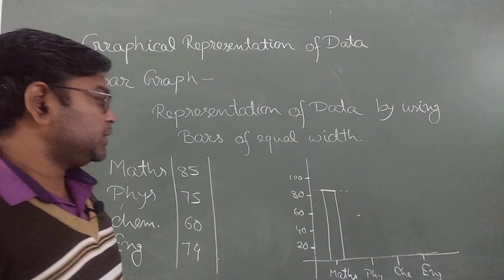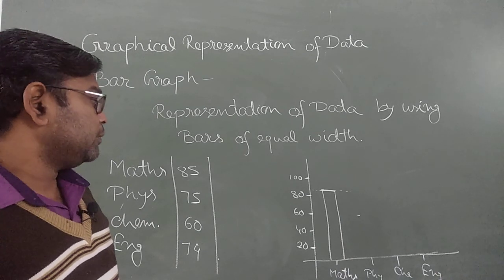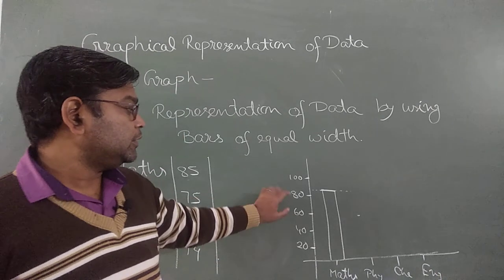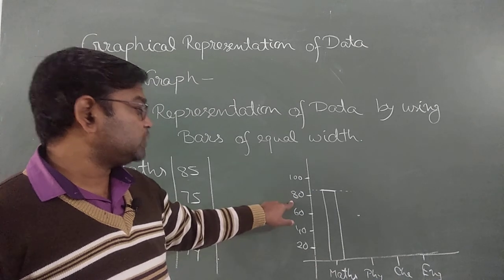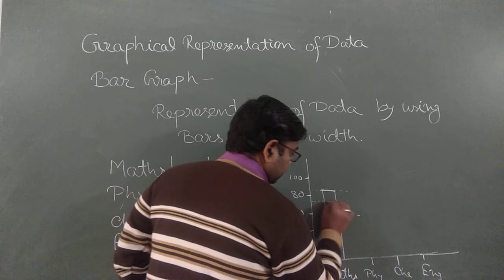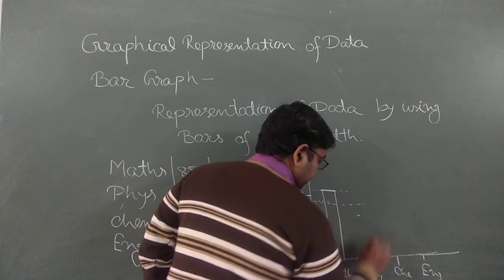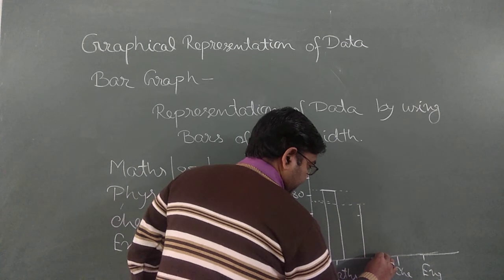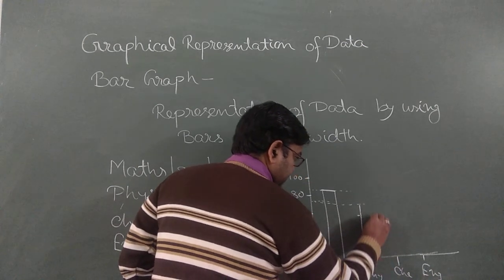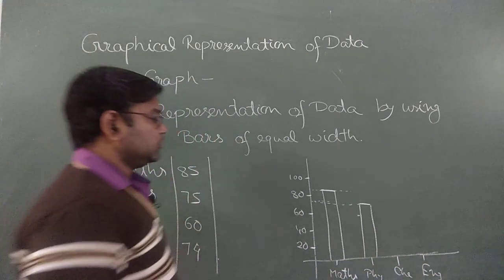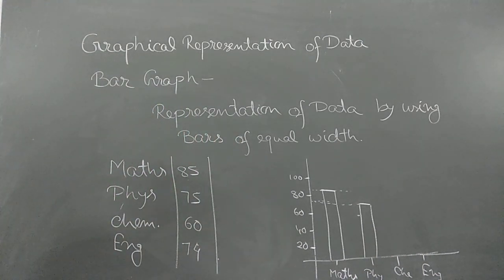Now this represents 85. What about 75? See, in between 60 and 80, there are two. 60 plus 15 means 3/4. Near about here, of equal width. This is your physics.